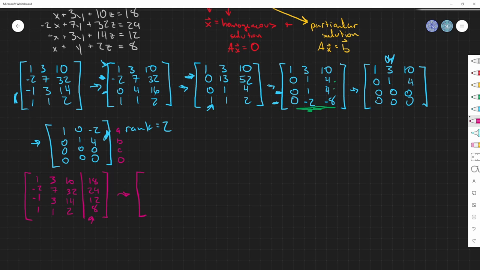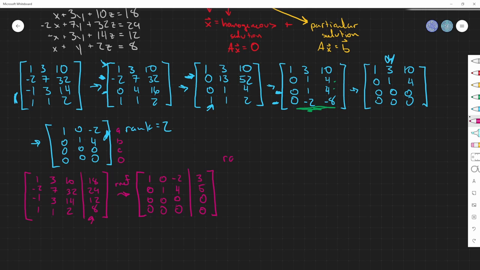So all you have to do is the same thing, and you should be able to get the row reduced echelon form: 1 0 0 4, 0 1 0 0, -2 4 0 0, and then this would be 0, this would be 0, this would be 3 5, I think that's right. Yeah, so you can go ahead and do this on your own time and check with my answer.